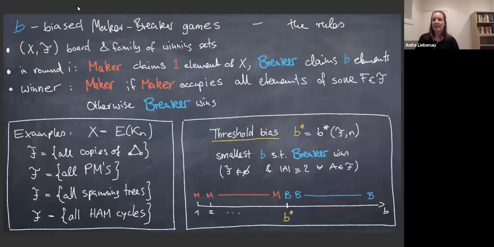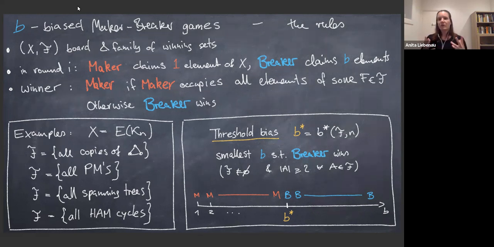More elements never harm you. And the same for breaker. If for some B I manage to prove that breaker has a winning strategy, then for every larger B, breaker has a winning strategy, just using the same strategy and putting one breaker mark in every single one of these winning sets. So that's the threshold bias, and that's a very central topic in positional games.